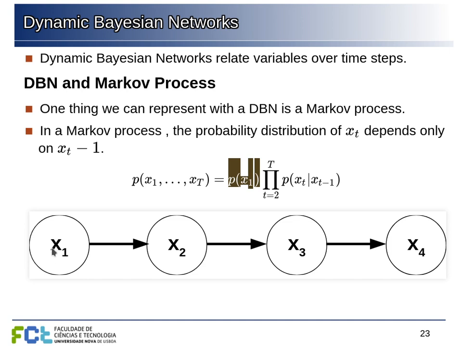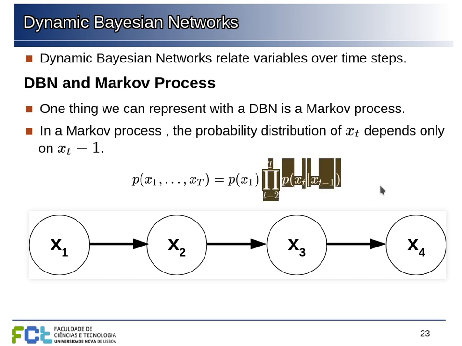There is some random choice here with some distribution, and then multiplying all the transition probabilities between the states as we go along the sequence. Okay, so this is just a simple Markov process.